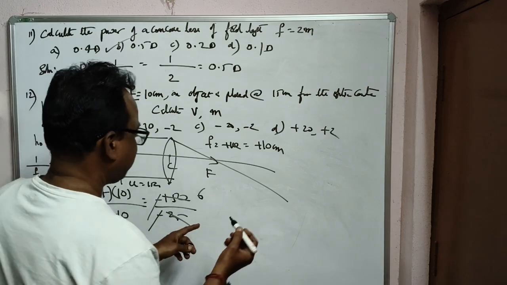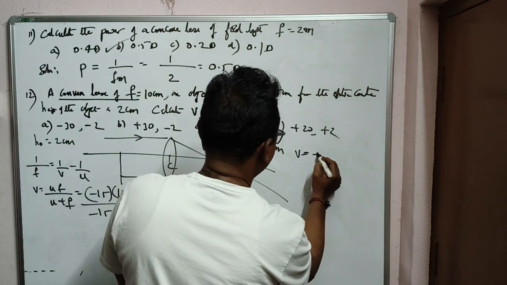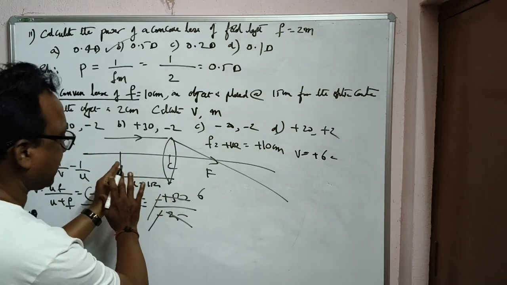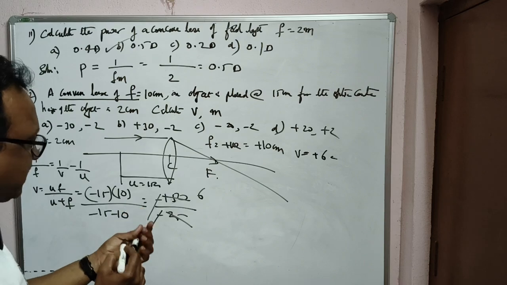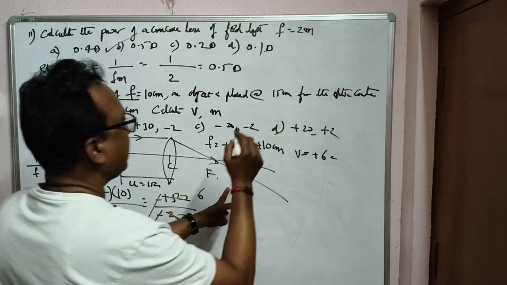Yes, we got plus 6 as the value of V. That means along the incident light, somewhere over here. So I think they have given wrong answers. Let me check up.